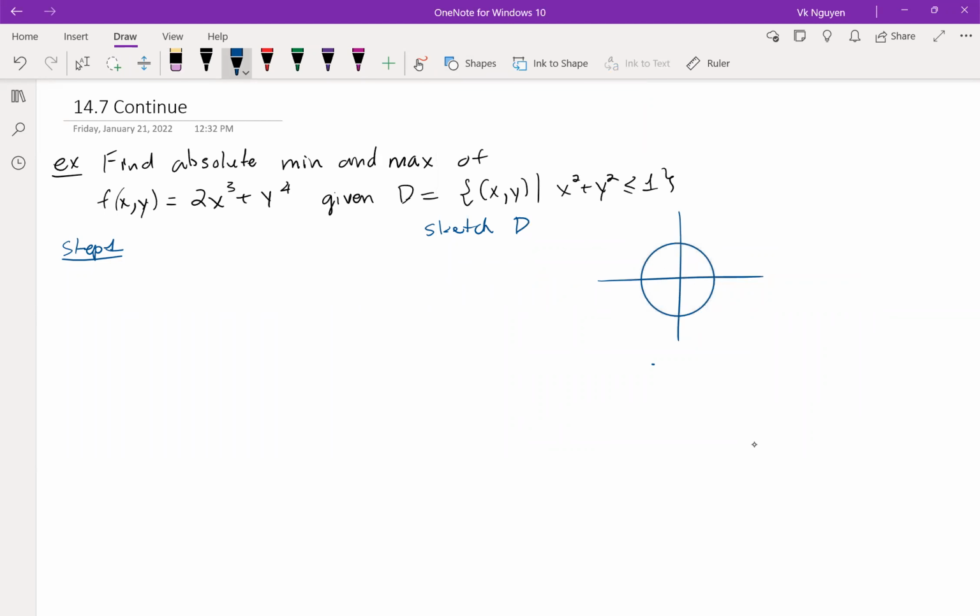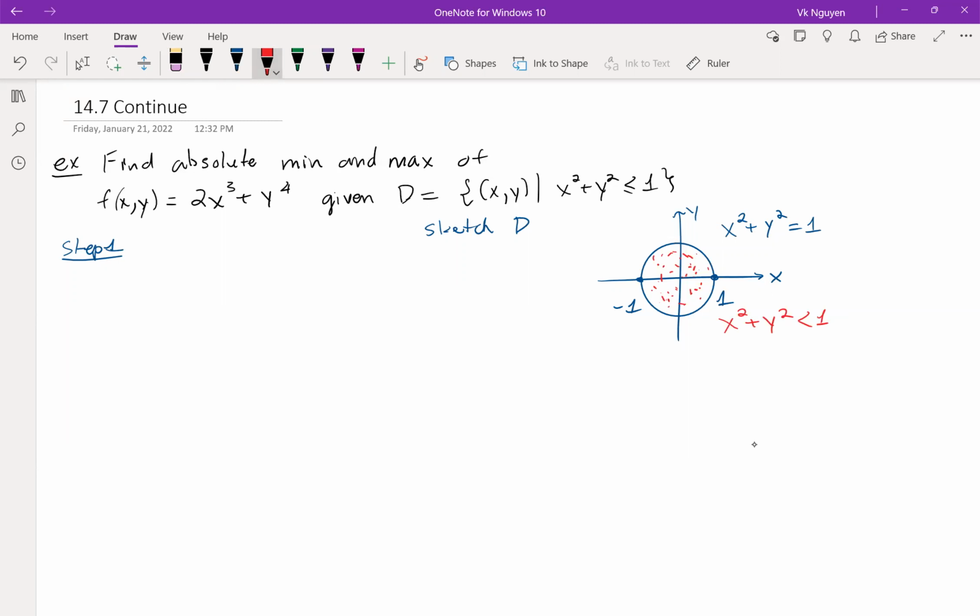Yeah, that looks good. On the boundary, we have x squared plus y squared equal 1. On the inside, x squared plus y squared less than 1.